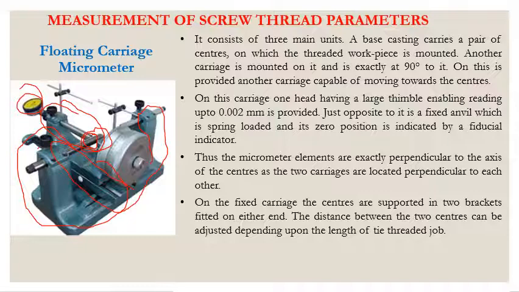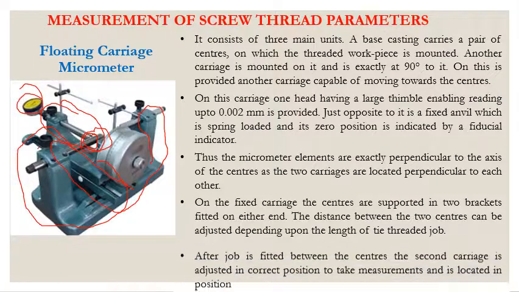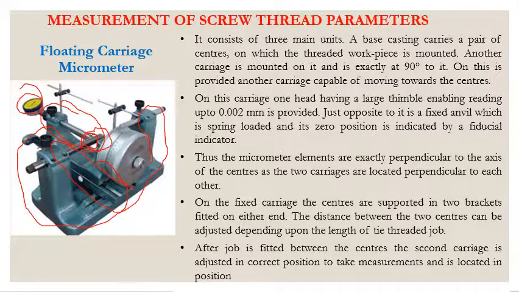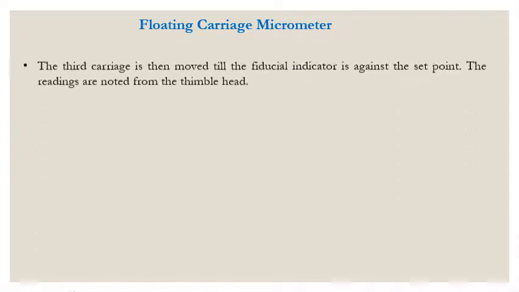Here two stands are provided, over which the loading of prisms and best wires is done, over these two suspensions. Further, after the job is fitted between the centers, the second carriage is adjusted to its correct position to make the measurements.